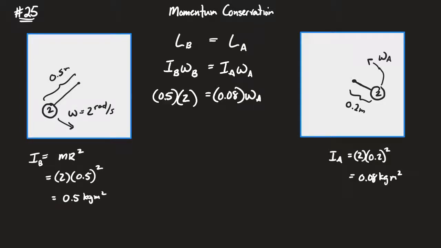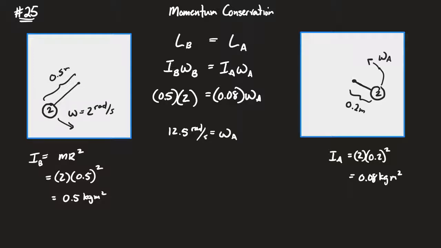The angular speed has to increase in order to compensate. That's it. That is this question. Find the speed afterwards. The speed afterwards is going to be 1 divided by 0.08, which I believe is 12.5 radians per second. Pretty healthy increase. From 2 radians per second to 12.5 radians per second.